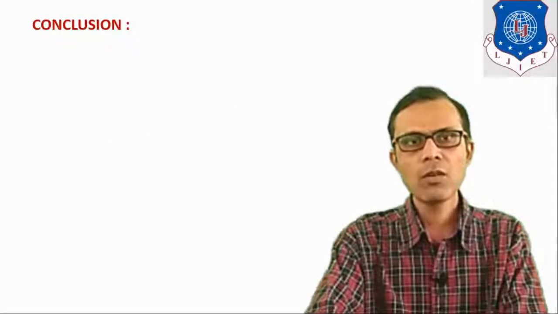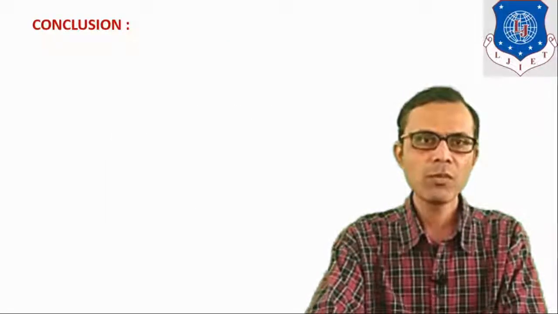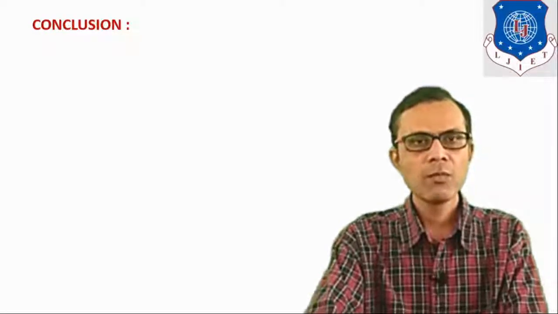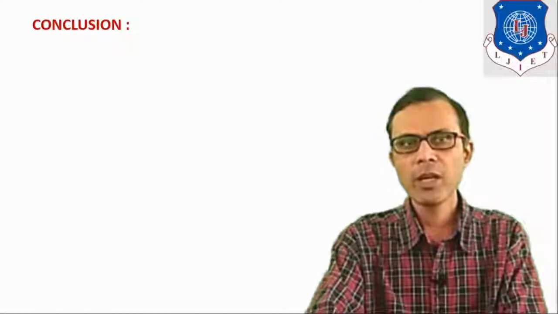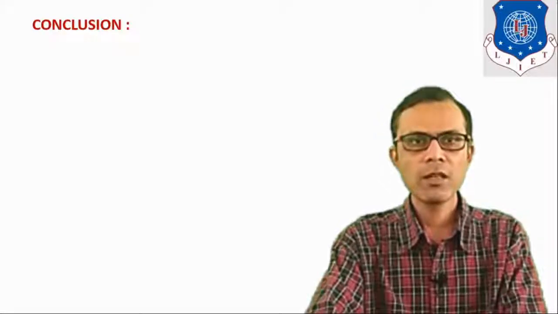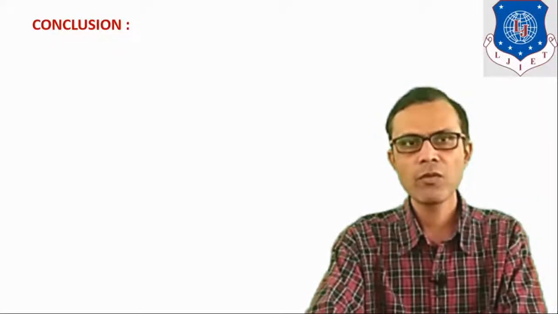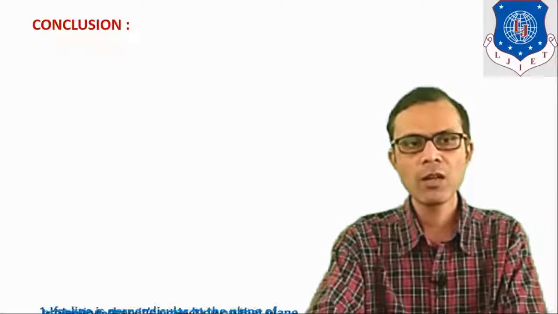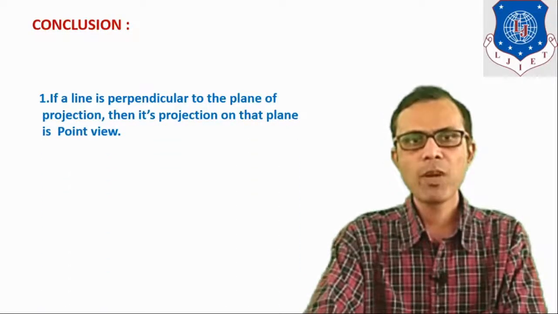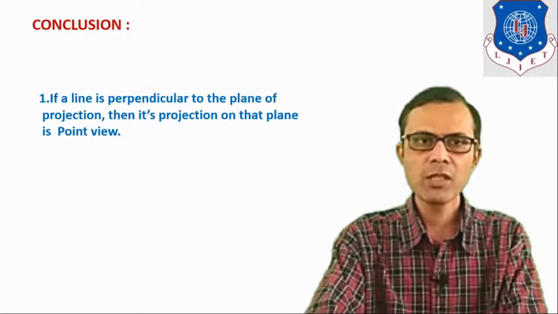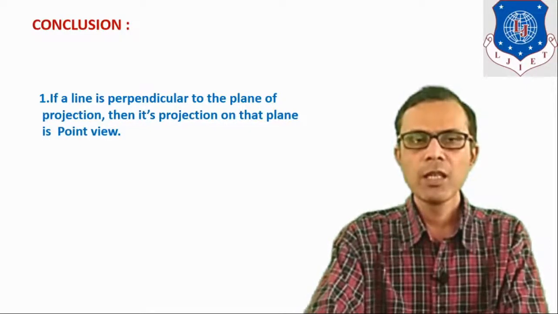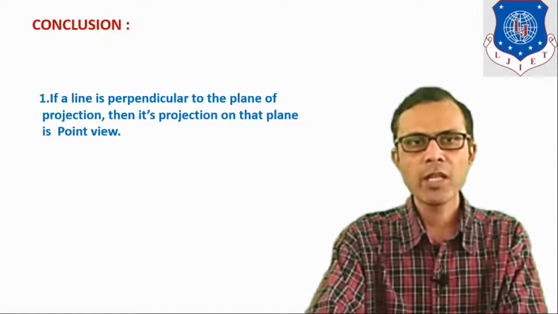Now what conclusions can be derived from both of these examples? We have seen that in one case the line is perpendicular to HP, and in another case the line is perpendicular to VP. So we can derive some conclusions. If a line is perpendicular to the plane of projection, then its projection on that plane looks like a point view.